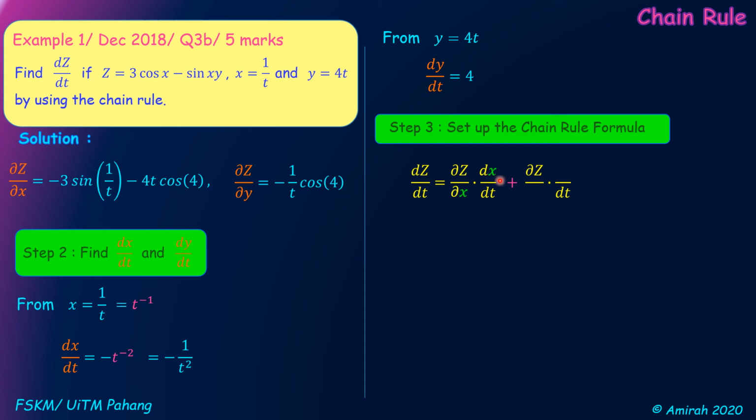So we can put dx and del x here. And dy and del y here. If above we use del z, so the denominator we need to use the del symbol. If the denominator uses the d symbol, then the numerator uses the d symbol.